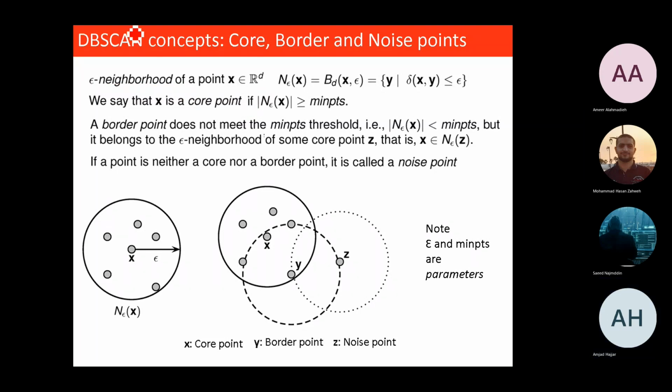So we define this neighborhood as, okay, a ball around the point. This is the point, and this is the neighborhood.